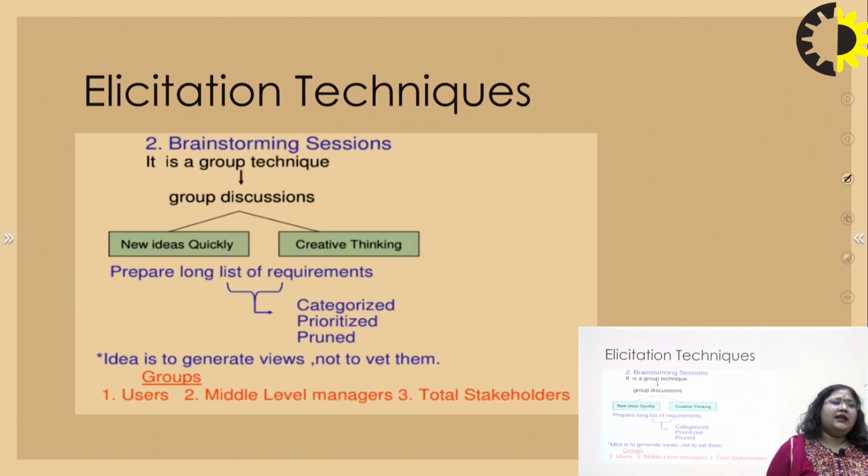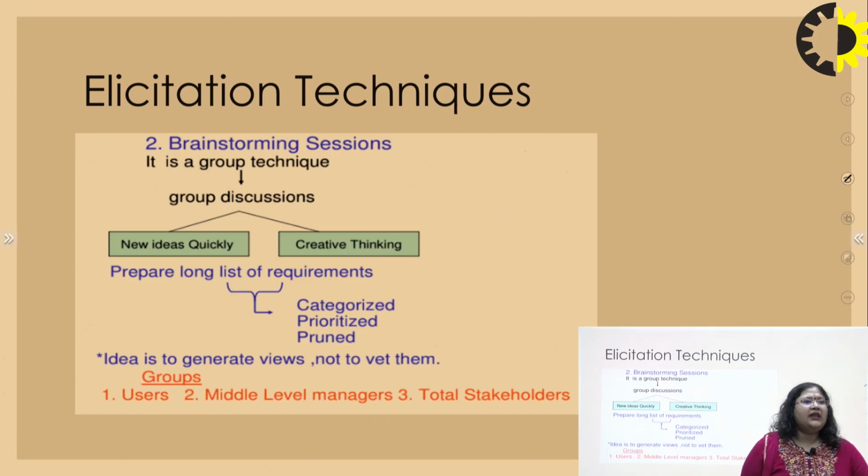Now the second technique is the brainstorming session. Brainstorming means a group discussion. It's a type of elicitation technique where we think about ideas with creative thinking, and each and everyone present in the group gives their ideas in a very creative manner.